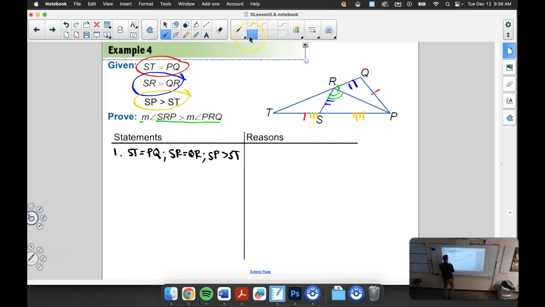If I do this, just to help us out a little bit, that this side is congruent to itself.